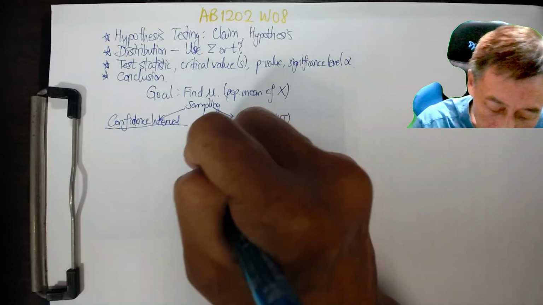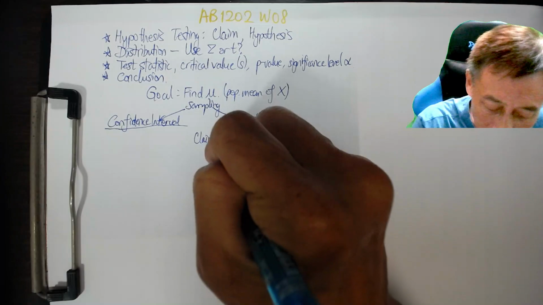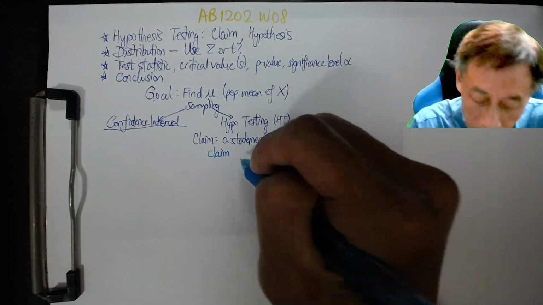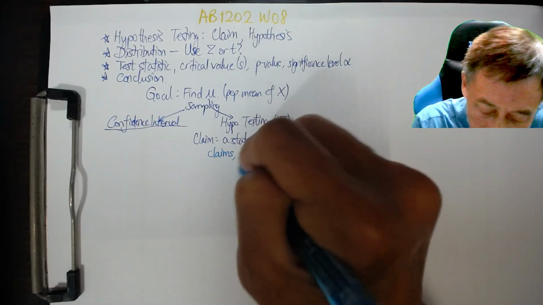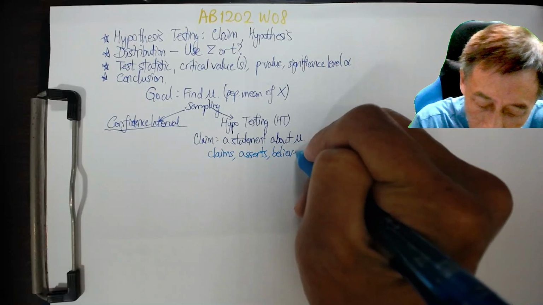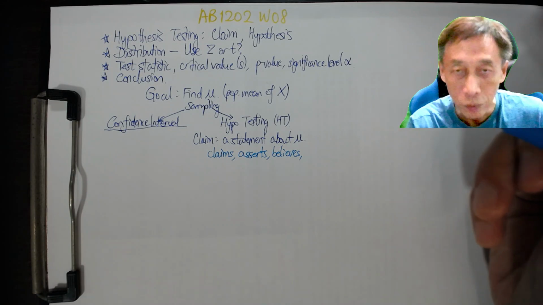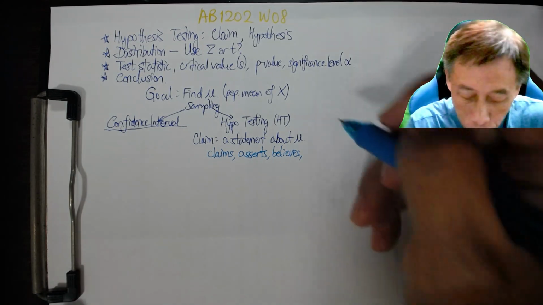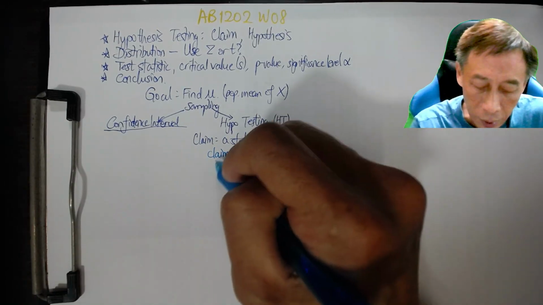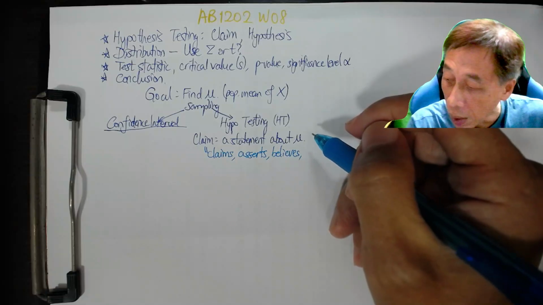So the claim in real life often exhibits itself as, I claim that, someone claims that, right? Someone asserts, someone believes. That's a milder word for claiming, but nevertheless, it's a statement without proof, right? Just usually without proof yet, or not yet, right? So a statement about mu, and it usually goes with these words: believes. What else?